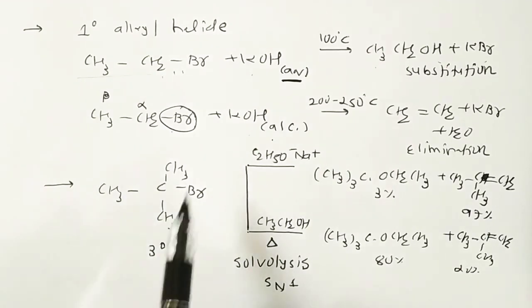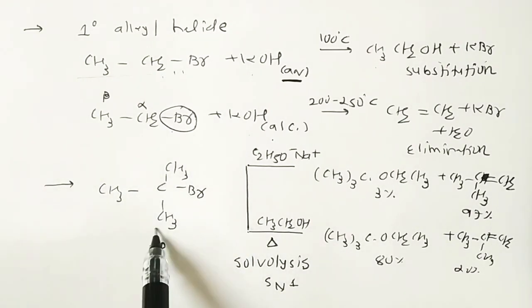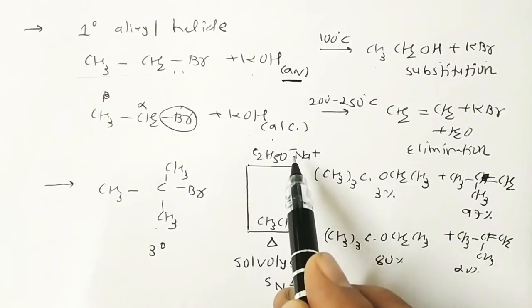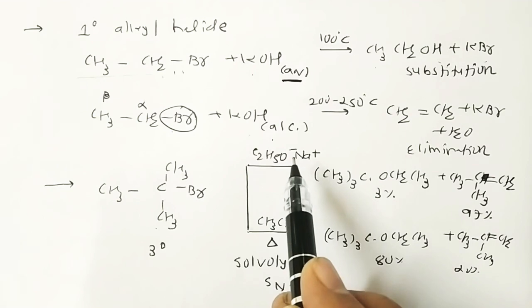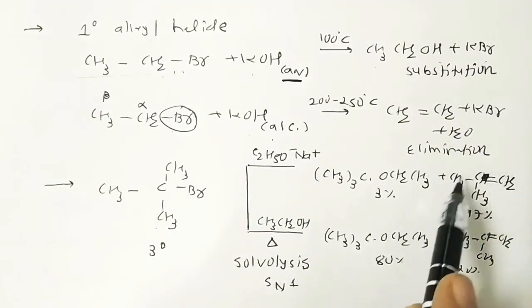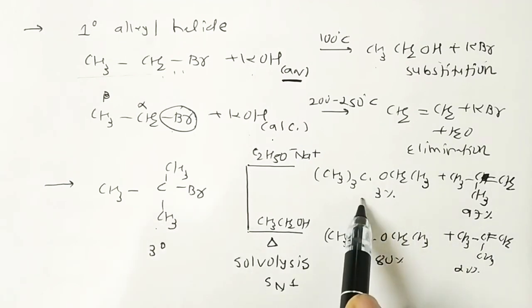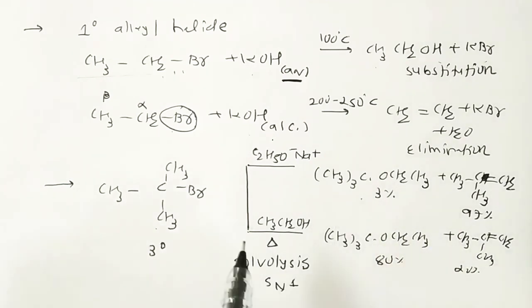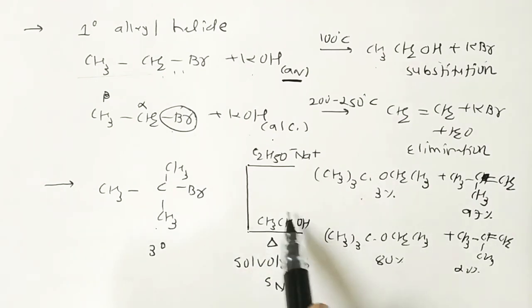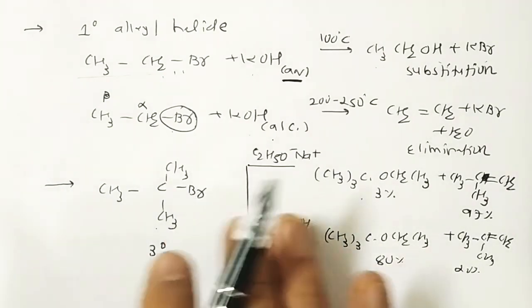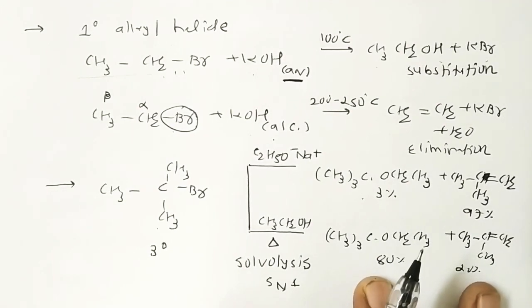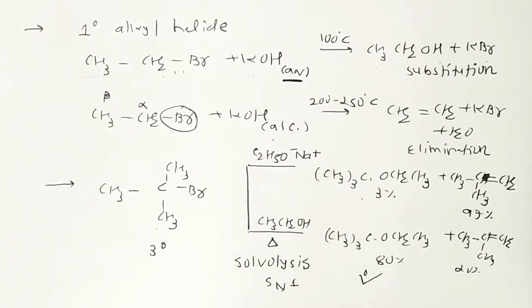For example, if I have a tertiary butyl bromide, on heating with ethoxide ion, we know that it's a very good strong nucleophile, right? In ethanol it mainly undergoes the elimination reaction. We get 97% elimination compared to substitution. But if tertiary butyl bromide is heated with a weak nucleophile such as pure ethanol, both substitution and elimination products occur, but substitution is predominant.